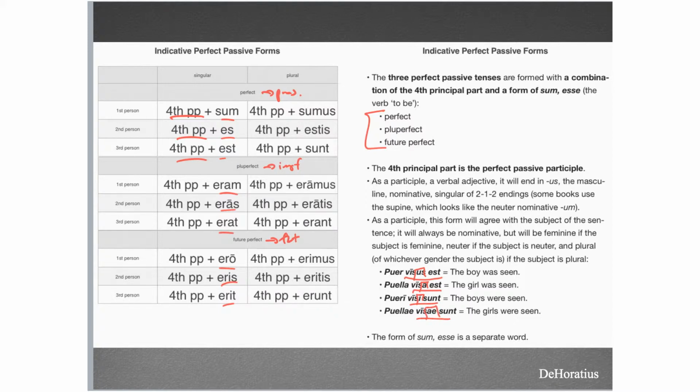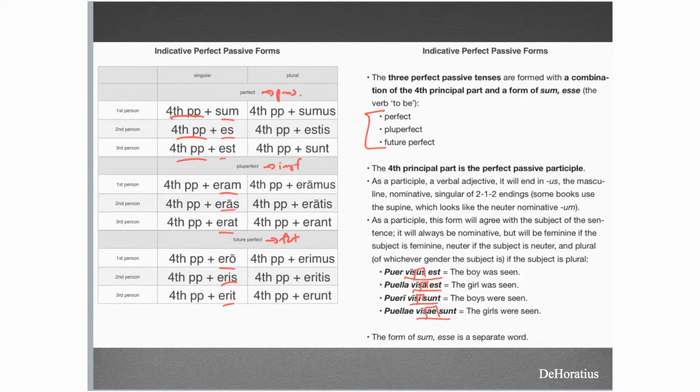So the first one, us, is masculine singular because puer is masculine singular. The second one, a, is feminine singular because puella is feminine singular. The third one, i, is masculine plural because pueri is masculine plural. And the fourth one, that ae ending, is feminine plural because puellae is feminine plural.